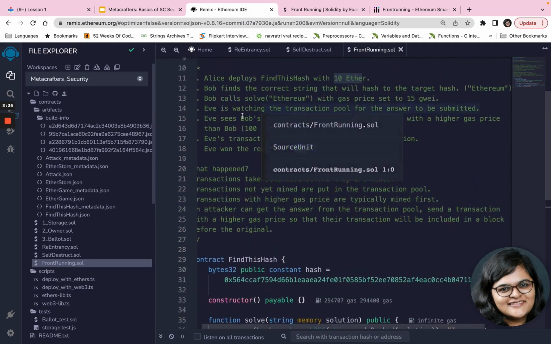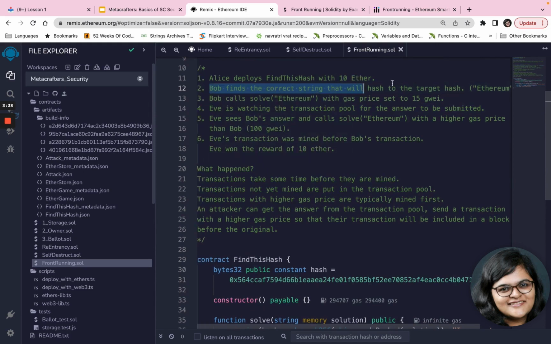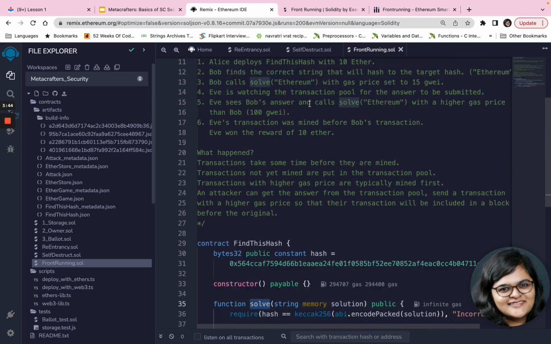Now, what will happen is Bob finds the correct string that will hash to the target hash. So Bob calls this function solve with the string, say Ethereum, right, with a certain amount of gas price that Bob thinks is enough to get the transaction through. Now, Eve is the third party, the attacker, who is watching the transaction pool for the answer to be submitted.